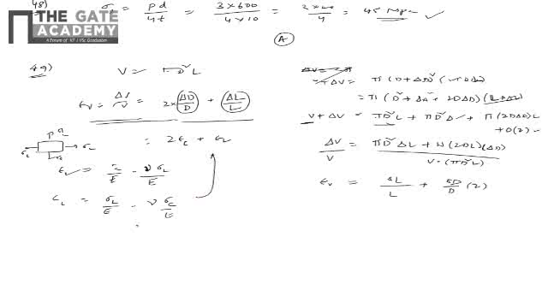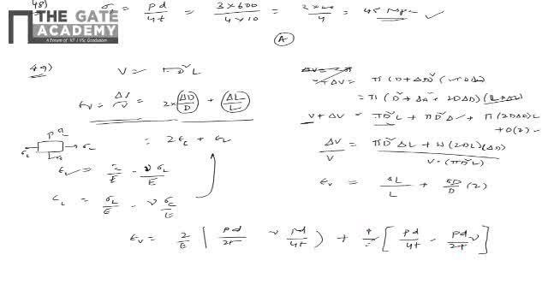So if I substitute this, I'll get epsilon as 1 by E times PD by 2T minus nu PD by 4T, plus 1 by E times PD by 4T minus nu PD by 2T.